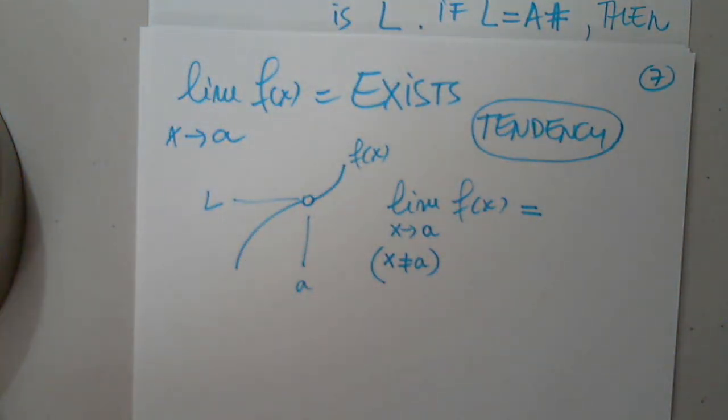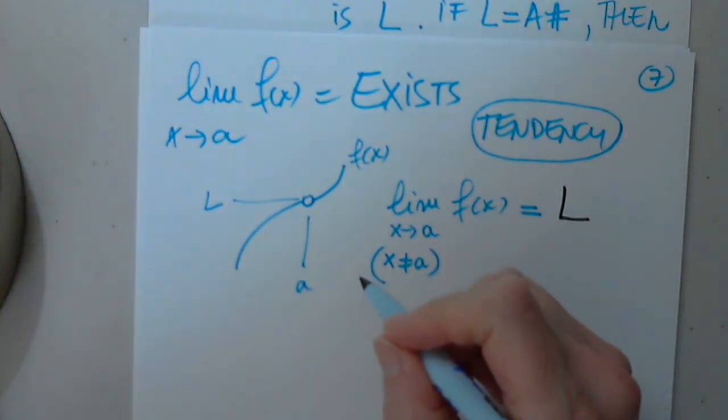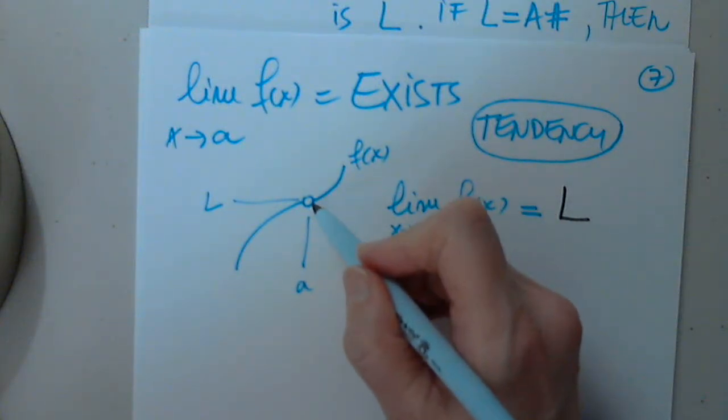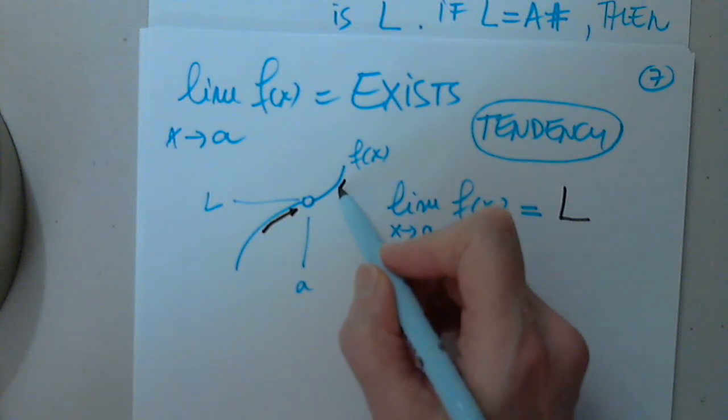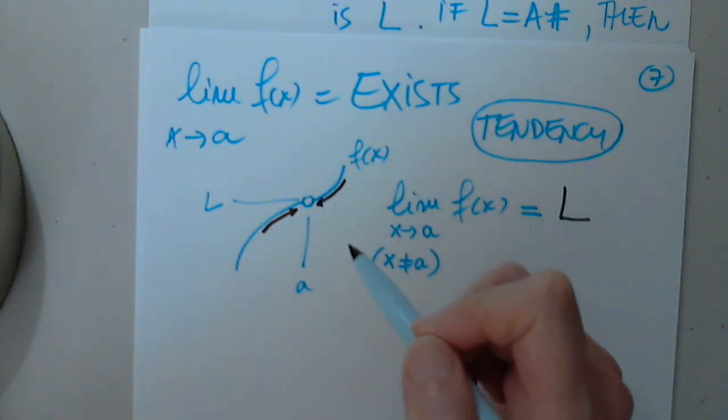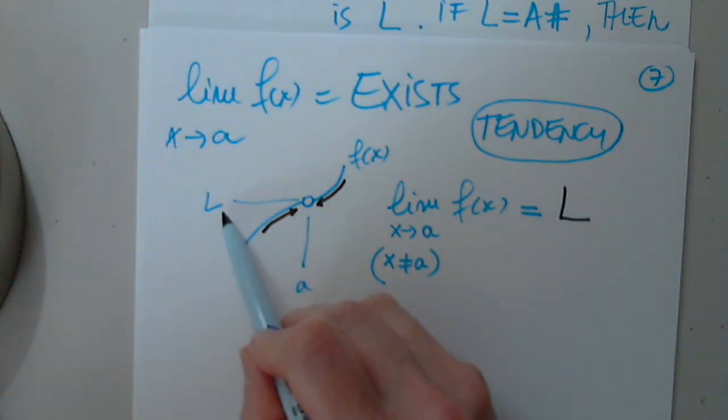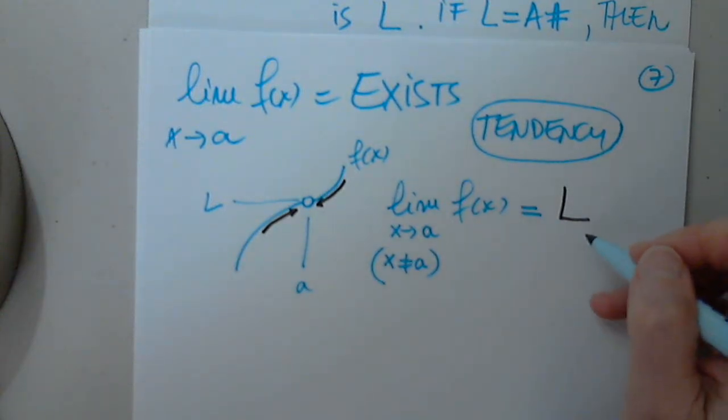Yes. So what we learn here is the function does not have to be defined there. As long as the limit from the left and the limit from the right equal the same number and there is a number, the limit exists.